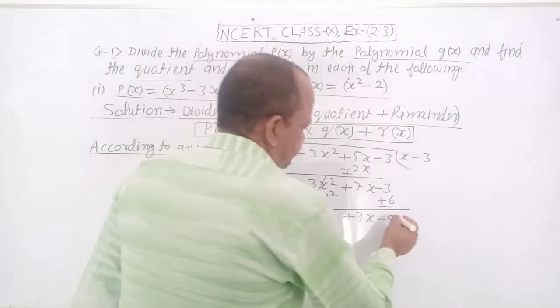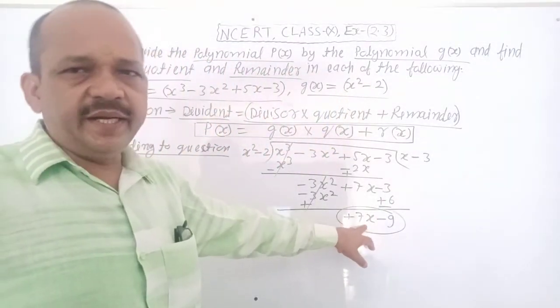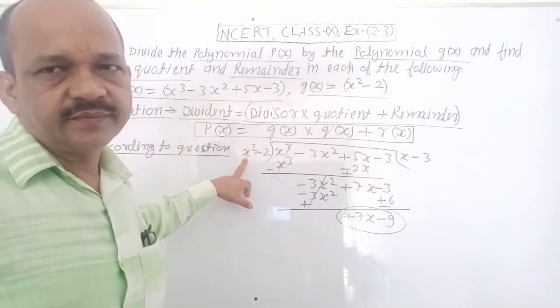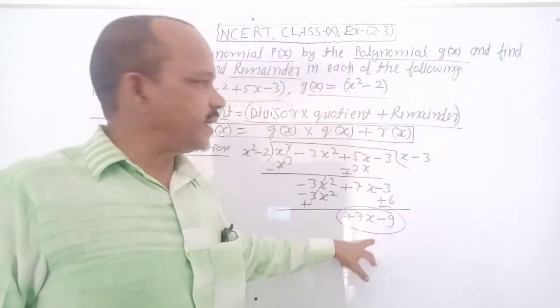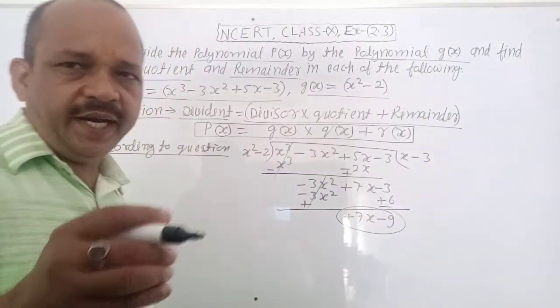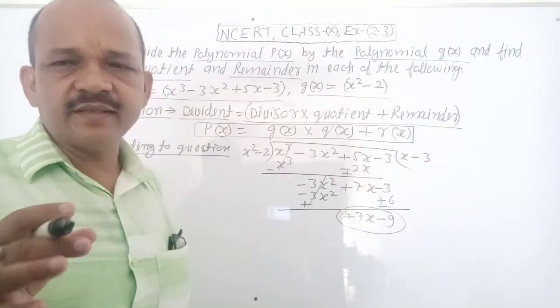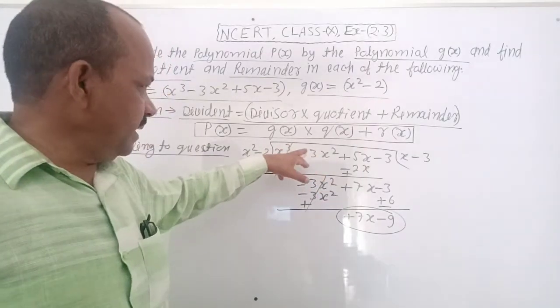Here plus 7x is of lower degree than x square. So it is your remainder and it is your quotient. You find your remainder and quotient by dividing p(x) by g(x).